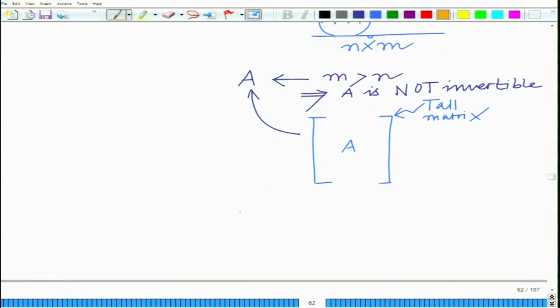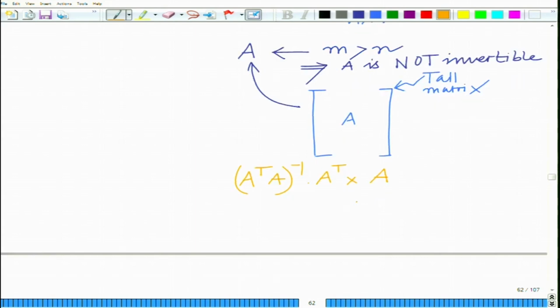If you take the matrix A transpose A inverse into A transpose and multiply it with A, we have A transpose A inverse times A transpose A, which is identity.